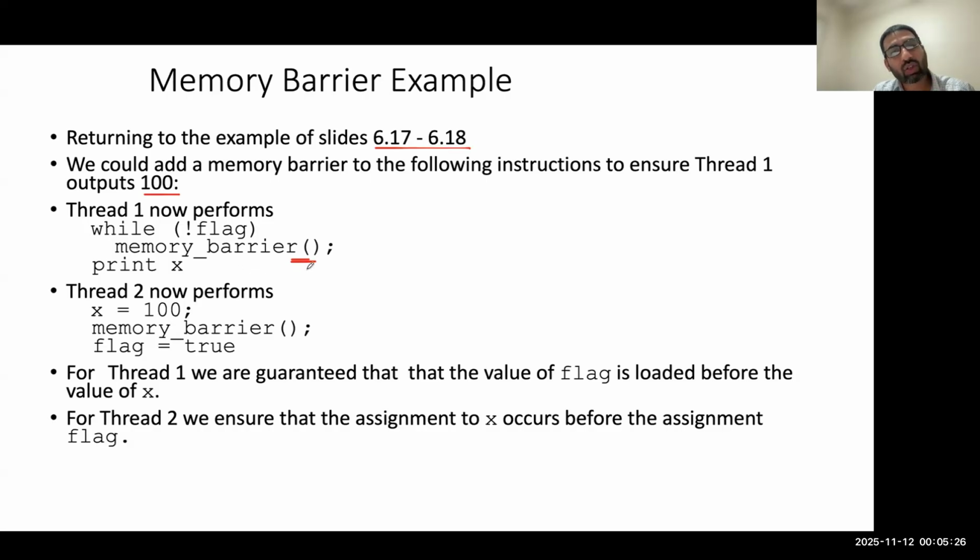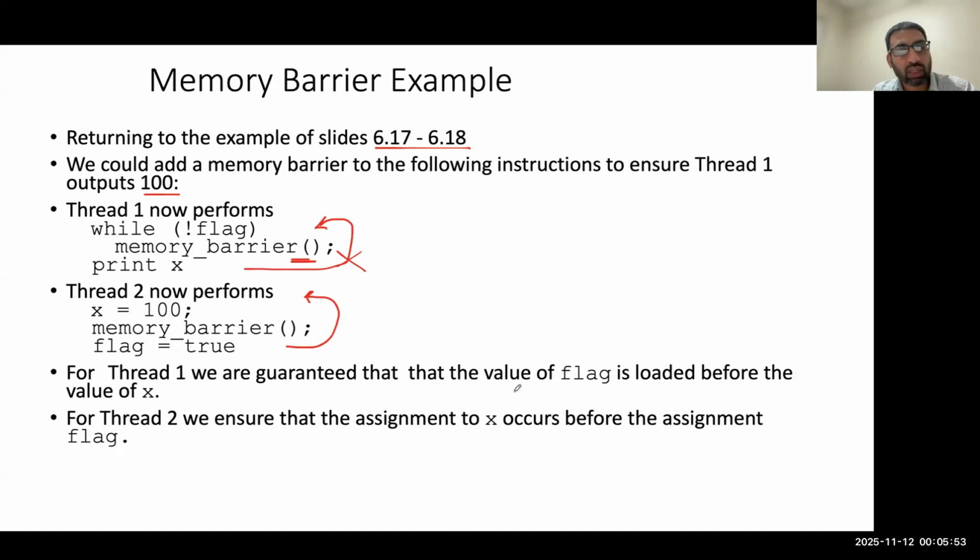So now we are saying, no, you cannot execute this statement before the barrier. This is not allowed. And similarly, here we are saying, no, you cannot reorder instructions and move them across to the other side. Which means that flag is equal to true will be executed only after all the instructions before the barrier have been executed, including x is equal to 100, right?